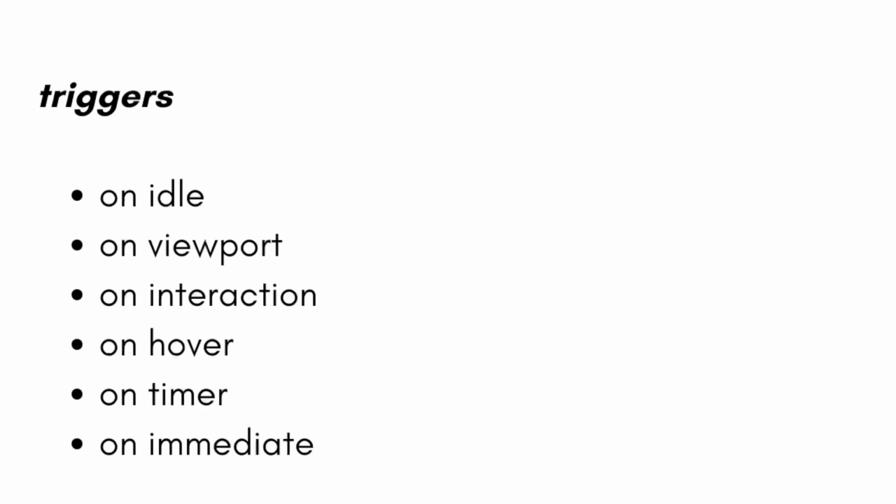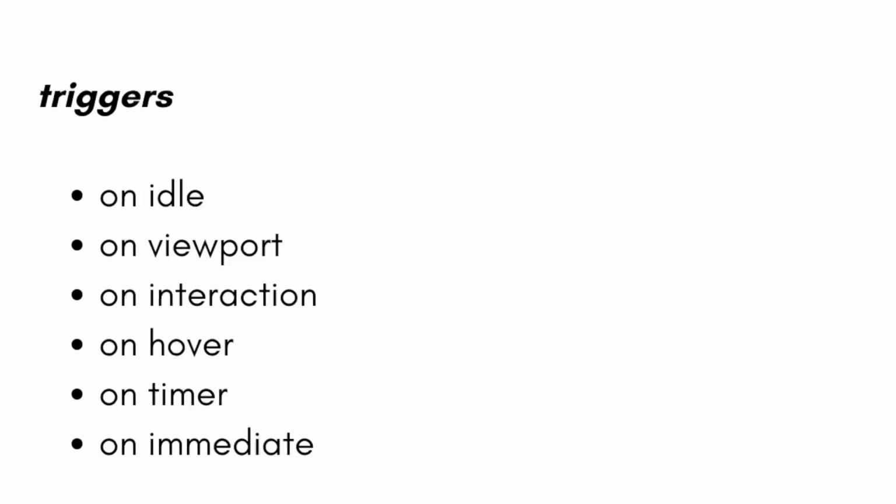So it has different triggers. A deferrable view will come into view on idle or on viewport. For example, you have a lot of content on your page and you need to scroll down. When it comes into your viewport, it's going to be loaded.